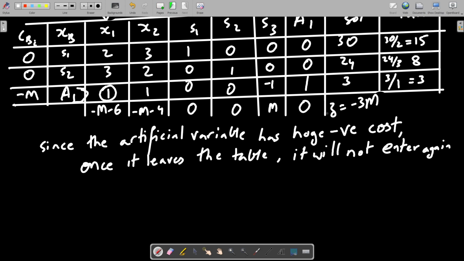So I will not draw that column in the subsequent tables.